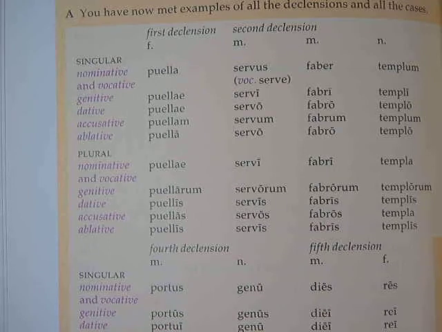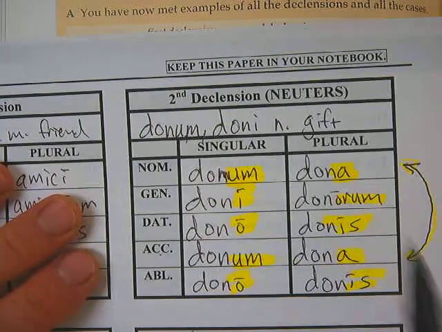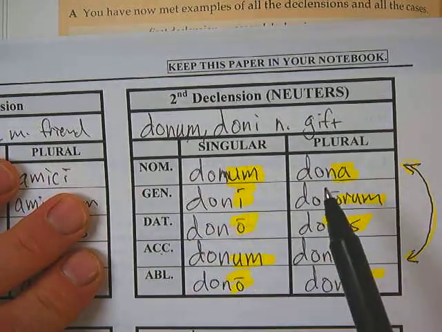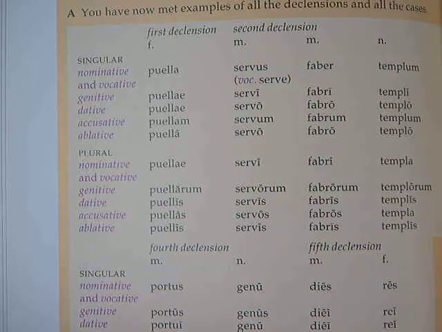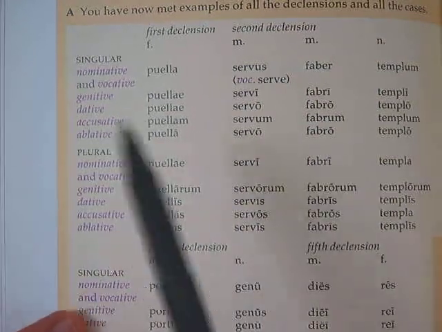If you look at an example like this, I have my singular next to my plural so you can see how it goes. But they have them on top of each other, so it's just a little bit different format. But all the forms are the same.